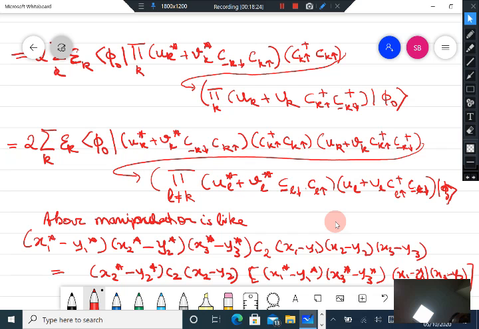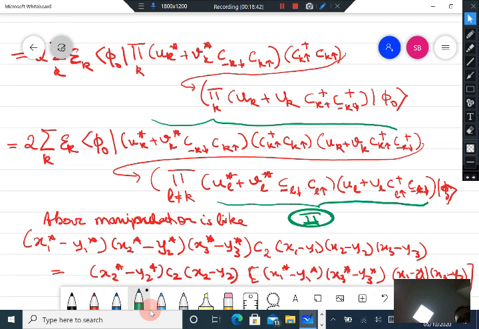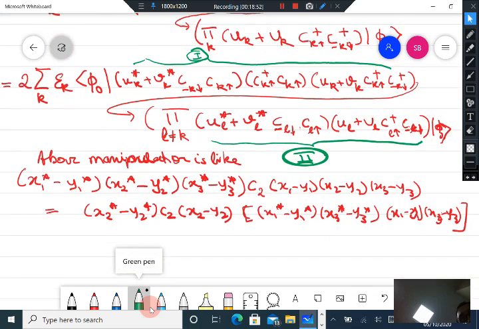So now we can consider two separate terms in this expression. Let us consider this as term 2, and this as term 1. I'm just showing you a typical example of the calculation.